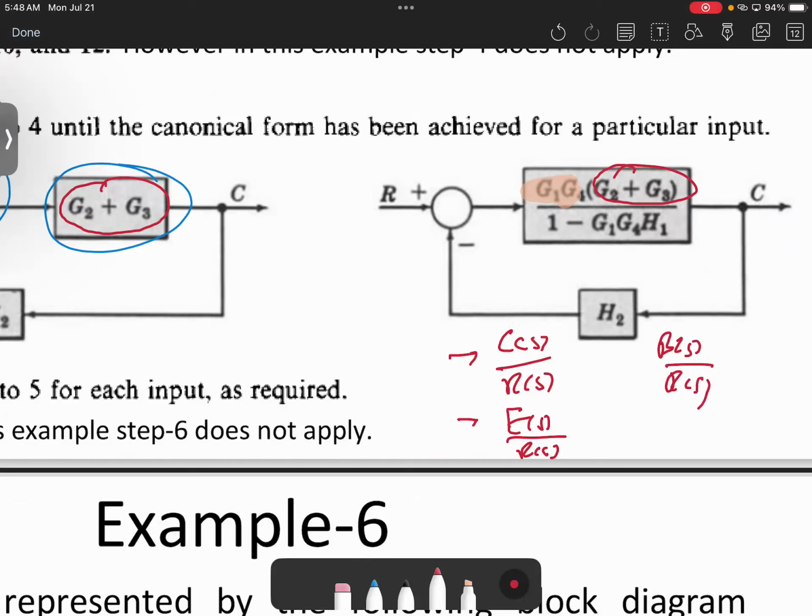The other thing, C of S over E of S, B of S. Okay? You know how to find all of these. We already did it in example number 4.